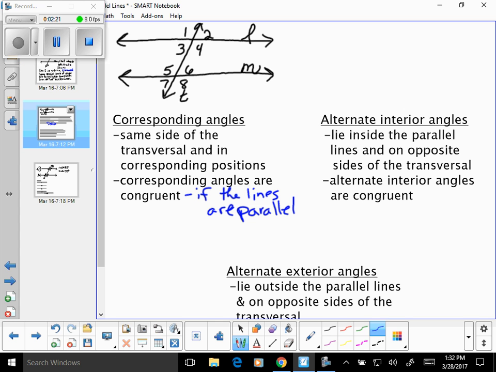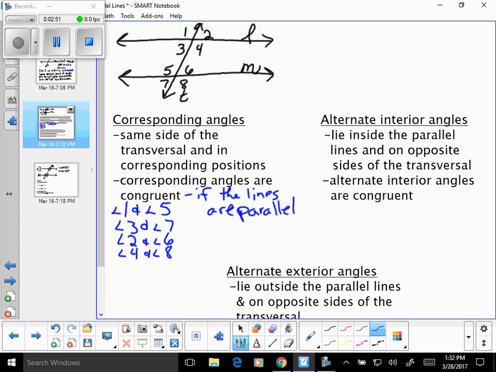So in this particular instance, we are going to have angle 1 and angle 5, angle 3 and angle 7, angle 2 and angle 6, angle 4 and angle 8. And at this point, I suggest you hit pause, really look that diagram over, and note how they're on the same side of the transversal, they're in corresponding positions.